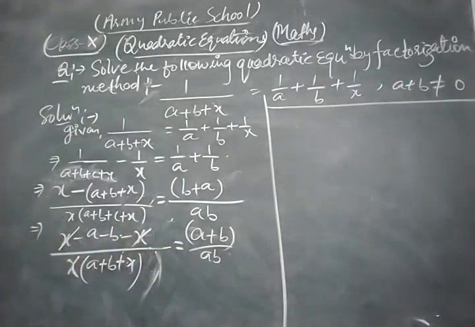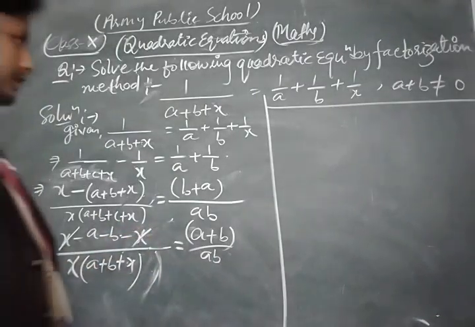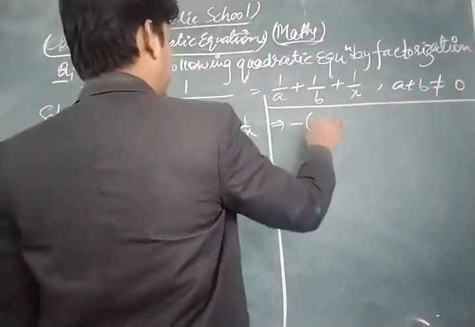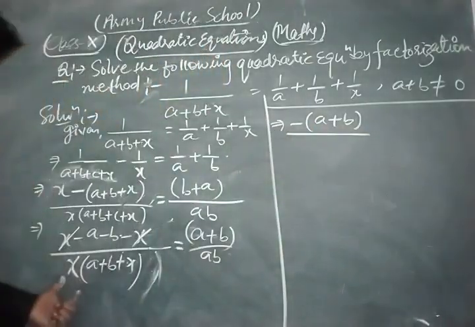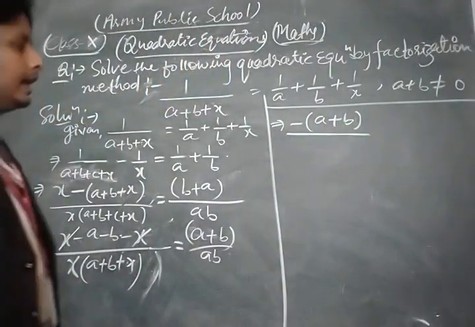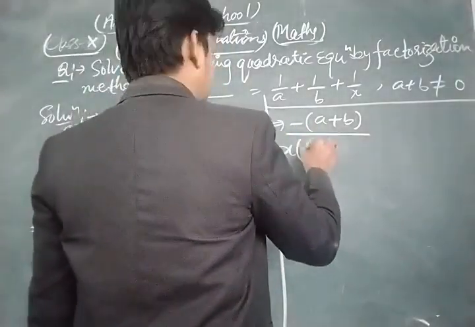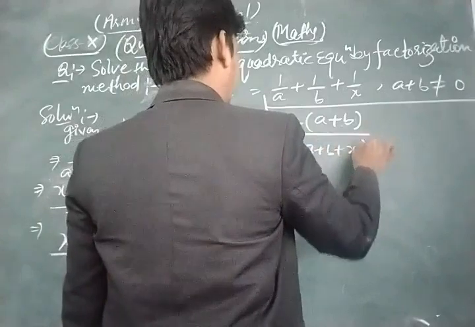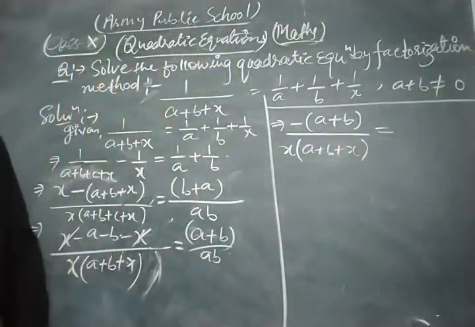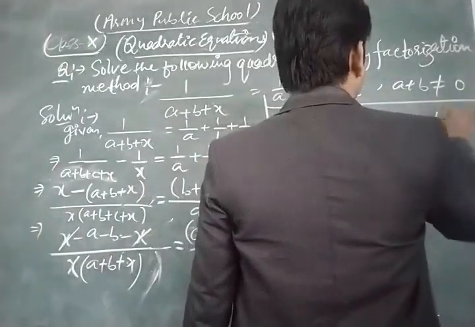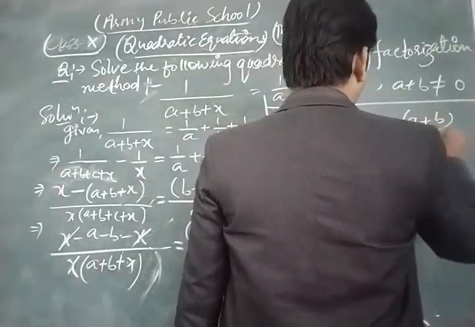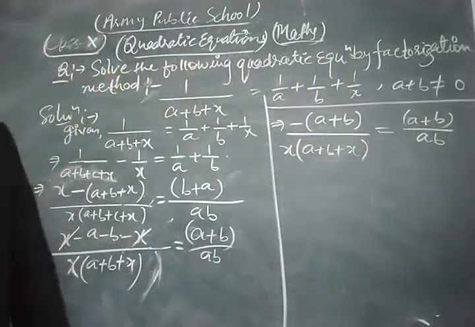So the minus x terms cancel out, so we take minus as common. If we take minus as common, dear friends, from the numerator, we get a plus b upon x into a plus b plus x, which is equal to a plus b upon ab on the right side.